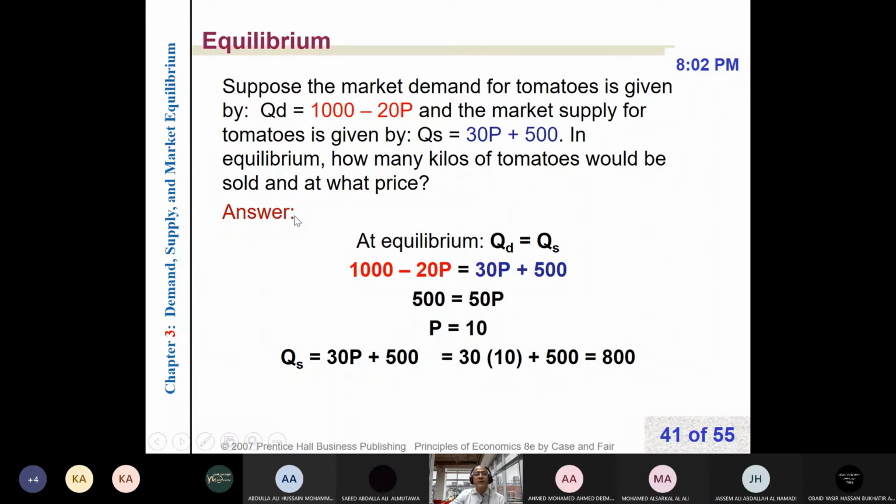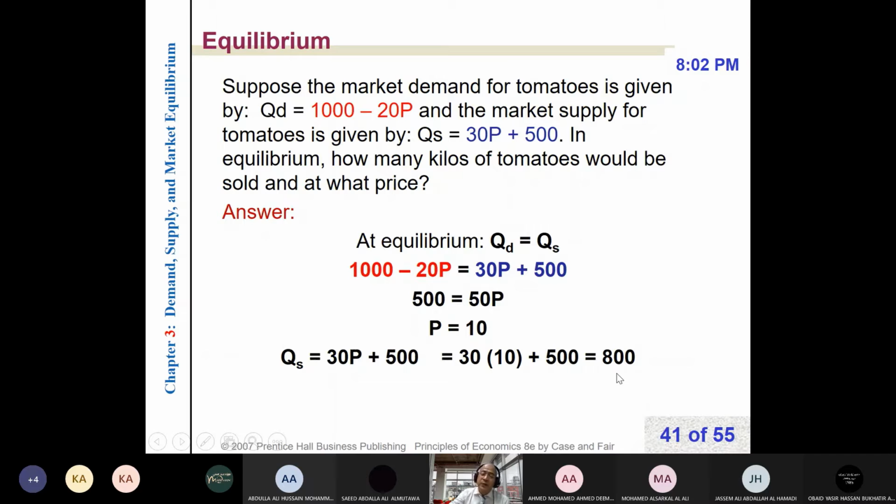What is the quantity sold in the market? So again, write the equation of quantity supplied, 30P plus 500. Substitute 10 for P because the equilibrium price is 10. So see here, 30 times 10, which is 300, plus 500 equals 800.